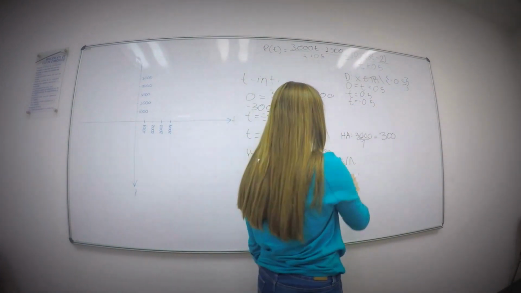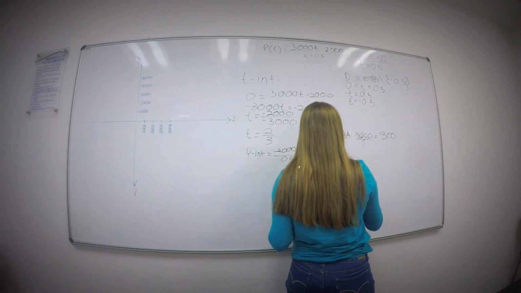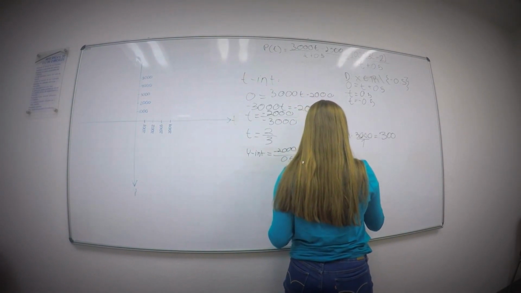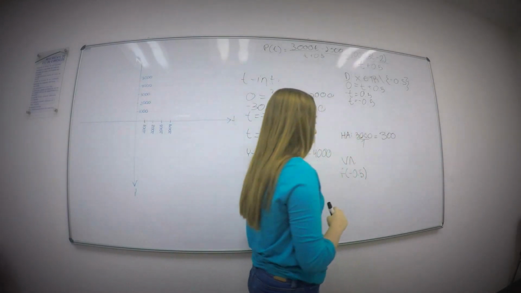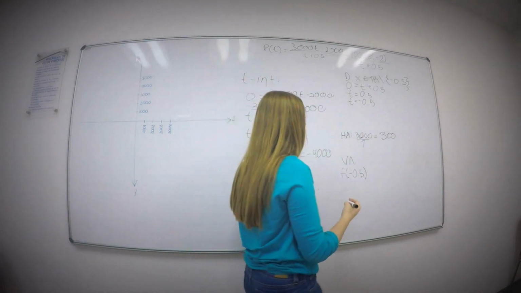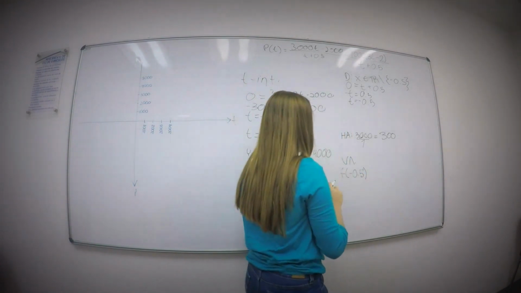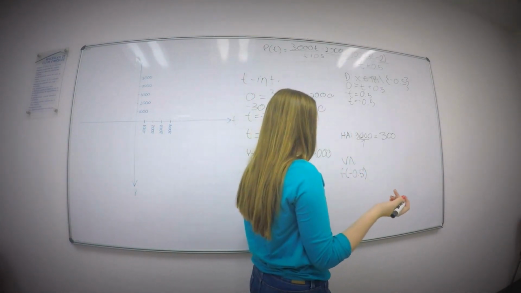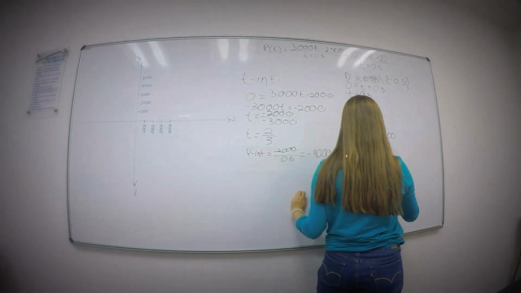In order to get it, we need to use our domain restriction, which is minus 0.5. We're going to use two values around minus 0.5. One is going to be the right side of minus 0.5, which is a number a little bigger than minus 0.5. So we're going to evaluate it.